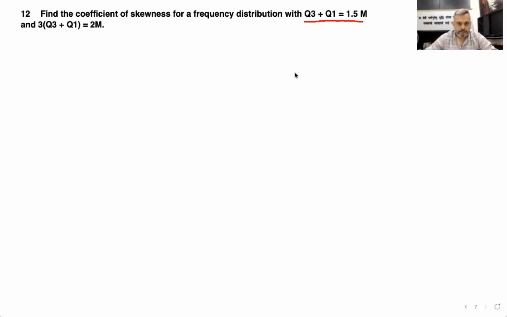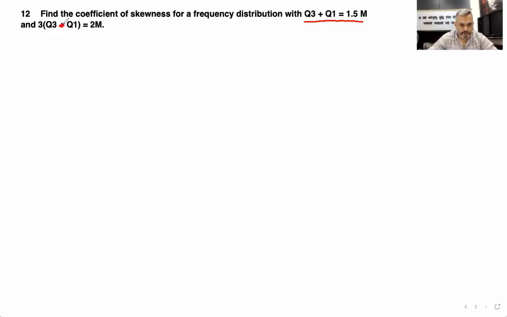Find the coefficient of skewness for a frequency distribution with Q3 plus Q1 is equal to 1.5 m and 3 in the bracket Q3, it's a printing mistake. It is minus.